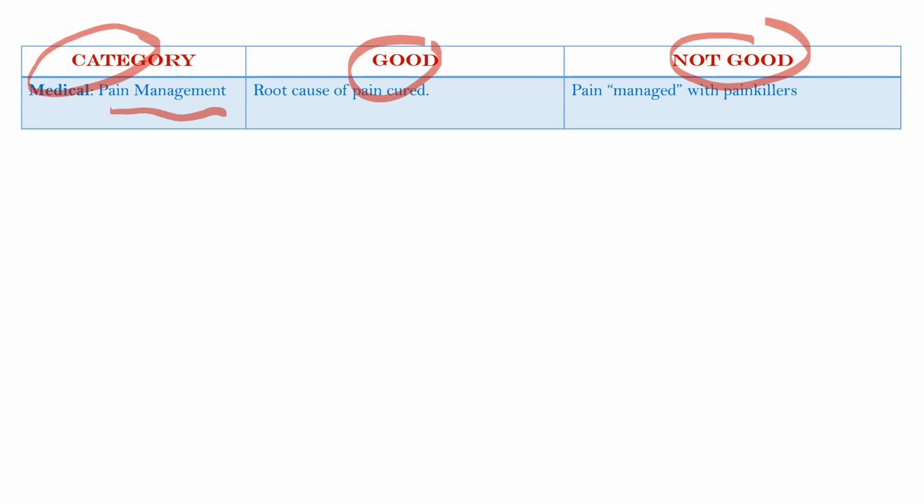Presently, pain management is mostly palliative. Pain is managed through the use of anesthetics and painkillers. The idea is to cure pain, particularly chronic pain or long-term pain, as opposed to engaging in masking of the symptoms.